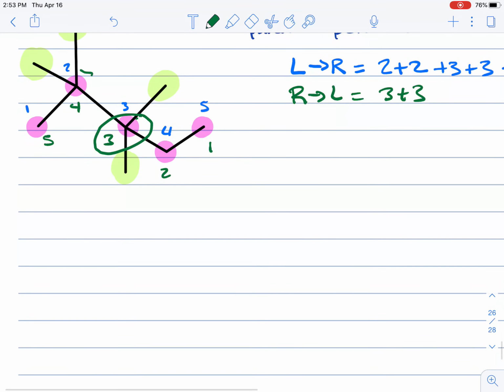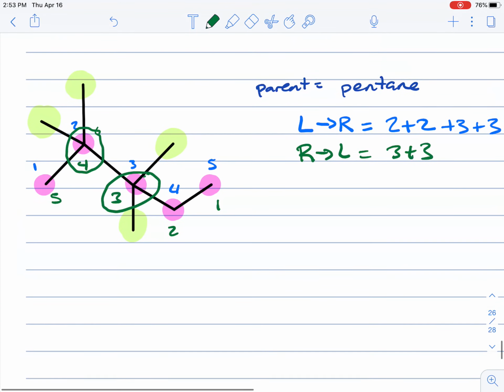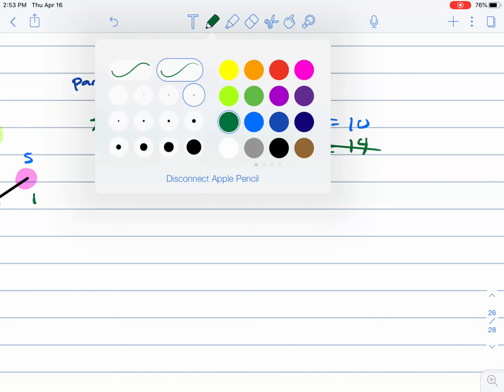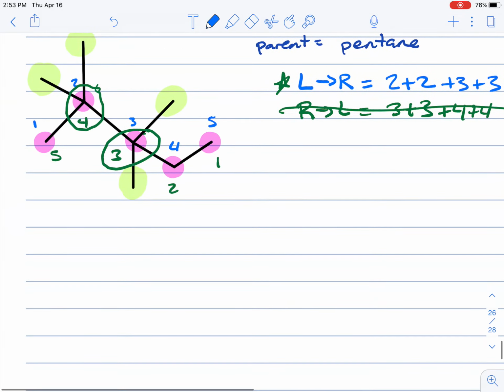And if I look at this, I have 2 substituents on carbon 4, so I put 4 plus 4. Okay, so already you can probably see that the right to left numbering system for this specific example is going to produce a higher number. And so if you add all that up, that's going to give us 14. And so it looks like if I number from right to left, that's going to give me a higher value. And so numbering from left to right is probably the most preferred path.